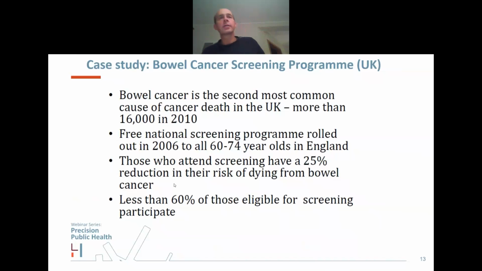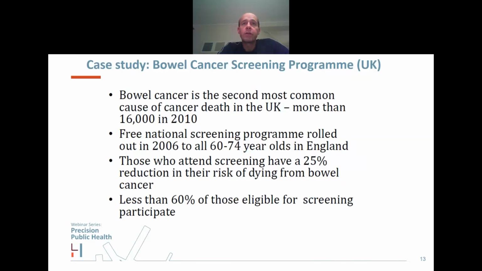Now we come to this specific case, and I need to speed up a little bit, of the bowel cancer screening program. Bowel cancer is the second most common cause of cancer deaths in the UK. Now, these are quite old figures, but it's still the case today.